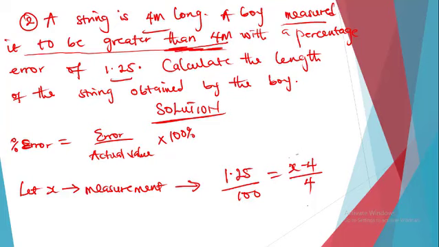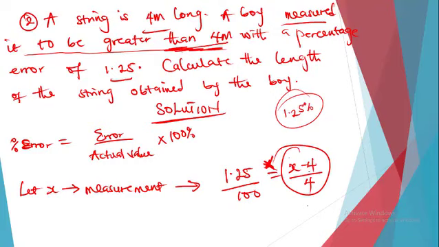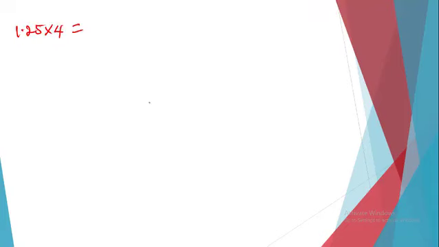Remember, 1.25 over 100 is just 1.25 percent. So by cross multiplying, we have 1.25 times 4 equal to 100 into x minus 4.